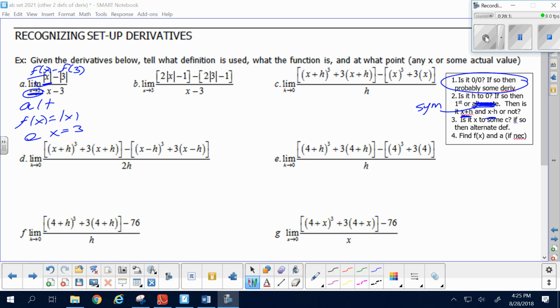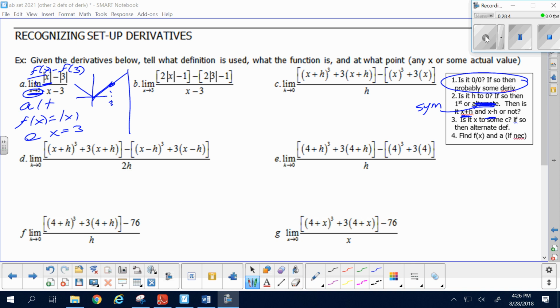Can anybody tell me what that would be, just thinking visually? Yes, 1. Absolute value looks like that. If you look at the slope at 3, the slope is just up 1 over 1, so that would actually come out to be 1. Anywho, not part of the question, so don't worry about that. Letter B here, all right?